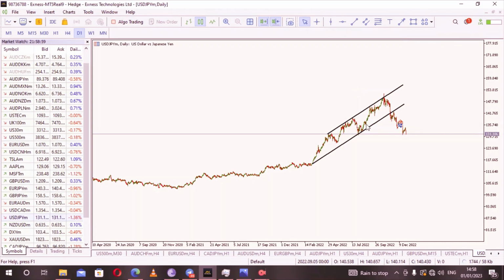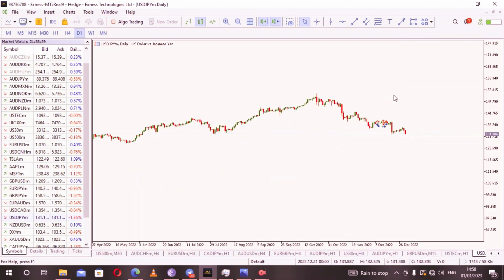This whole trend line, this whole channel was just showing us that we are no longer in that uptrend. Now the market has changed its direction. Now we are in a downtrend. On this downtrend, we're going to have to find our perfect entries, so let's zoom in a little bit.